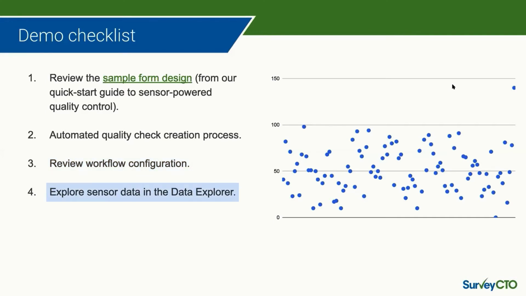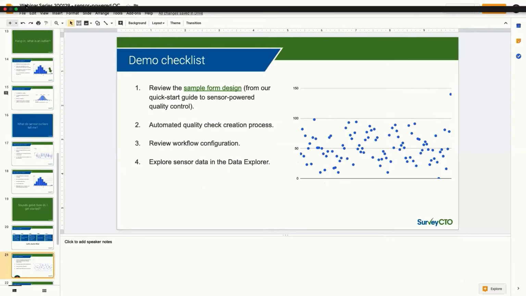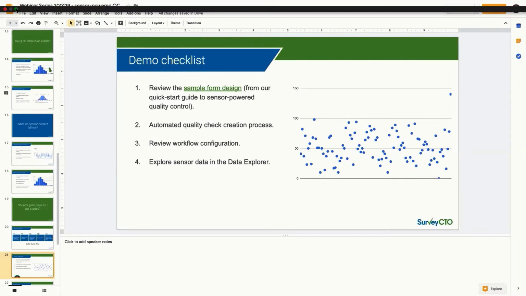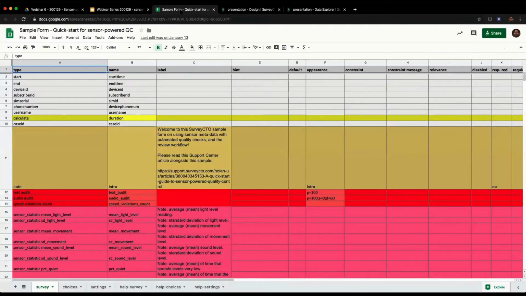And we'll also spend a few minutes looking at some sensor statistics inside the Data Explorer. So I'm just going to exit the full screen presentation because I would like to show you some of my other tabs. So to start with, we are going to have a look at the form design.